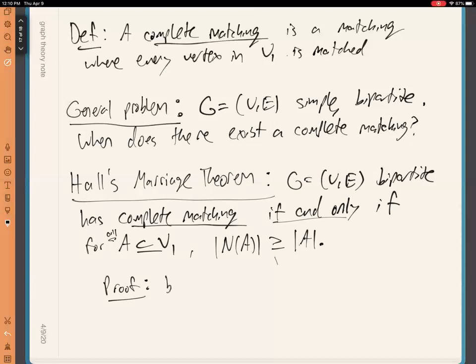It proceeds by induction on the size of V1, strong induction. And this is one of those induction proofs where it's not a straightforward argument. You need to be a little bit creative, and it requires some ideas.